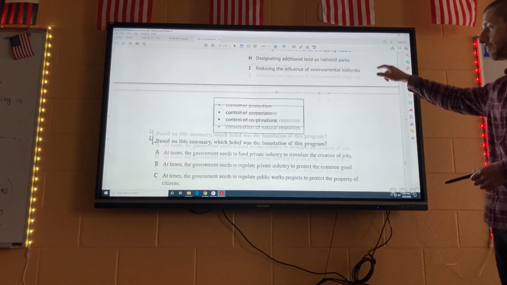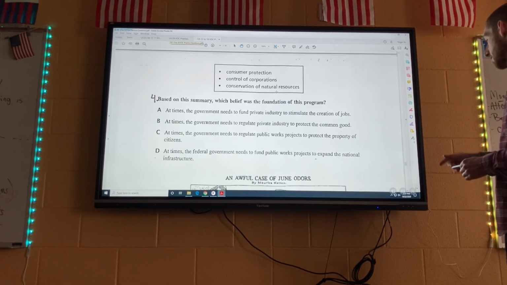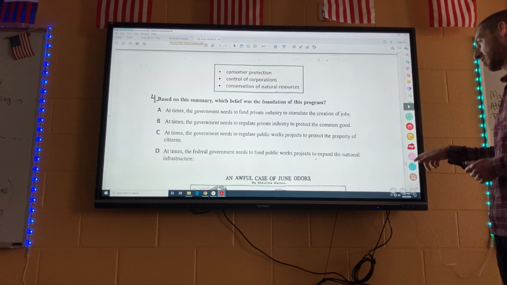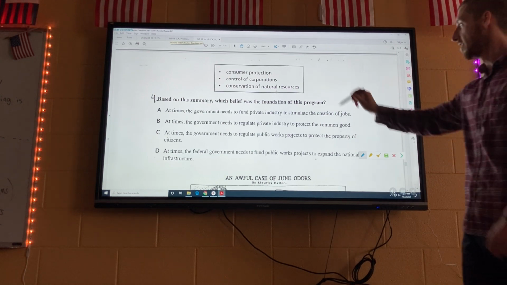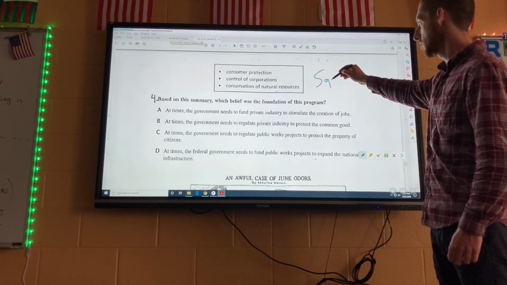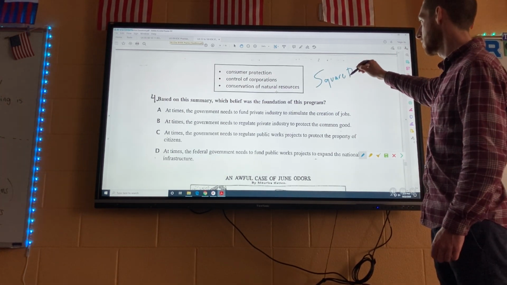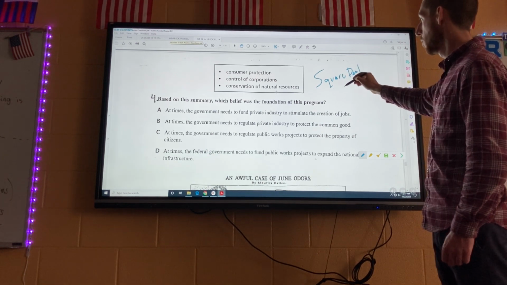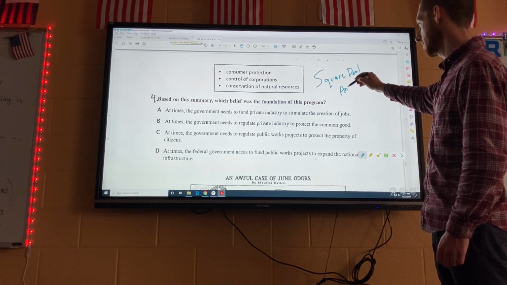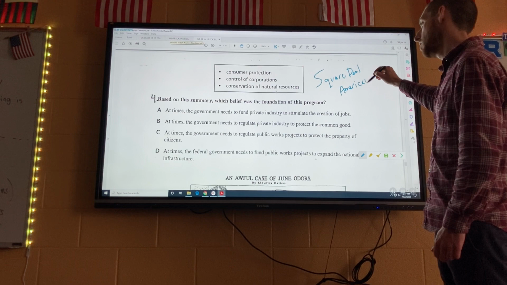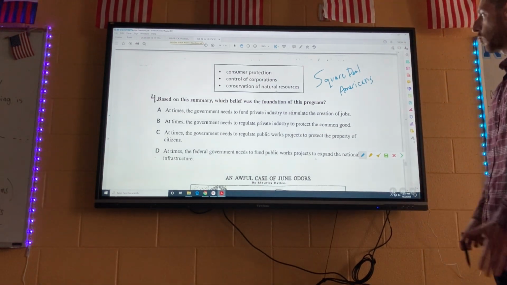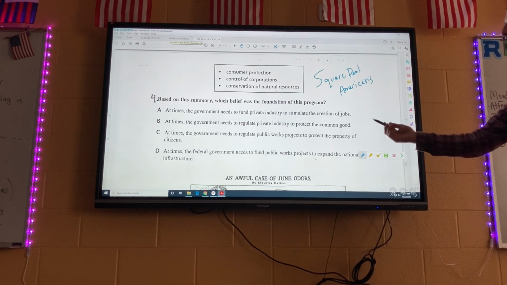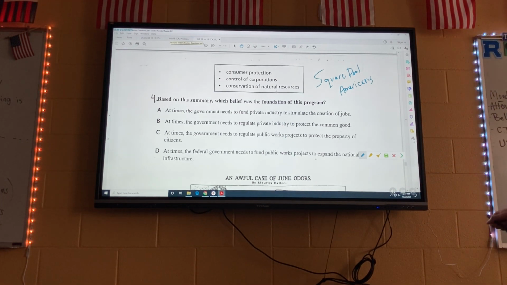Very good. All right, this is a good one. Consumer protection, control of corporations, and conservation of natural resources. It all goes back to the Square Deal, and what the Square Deal was for American citizens, for the people. So which one of these is the government's role in the Square Deal? Based on the summary, which belief was the foundation of this program?